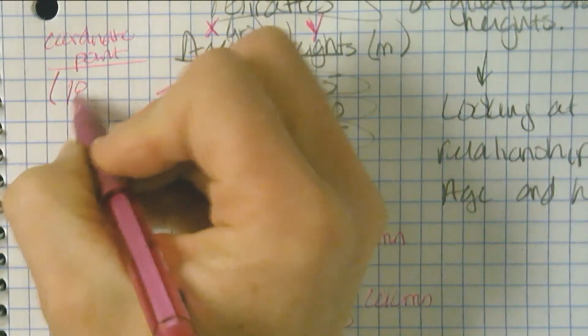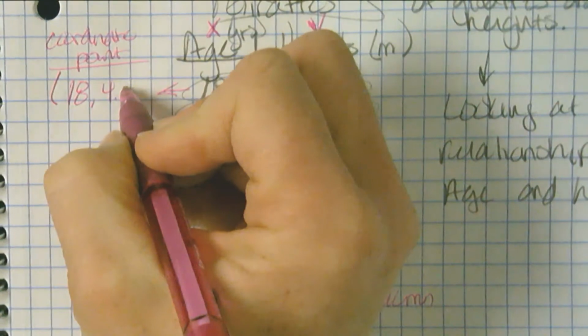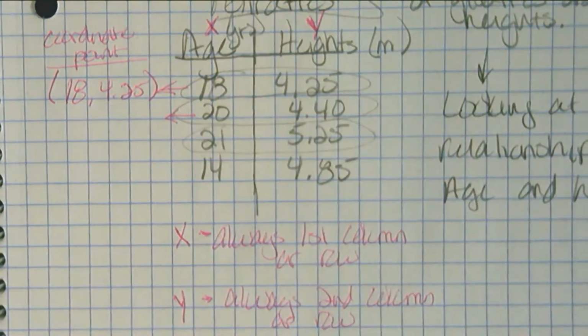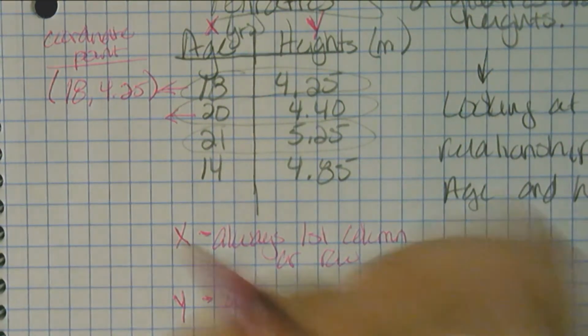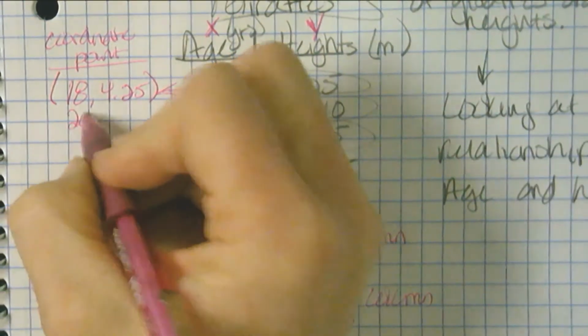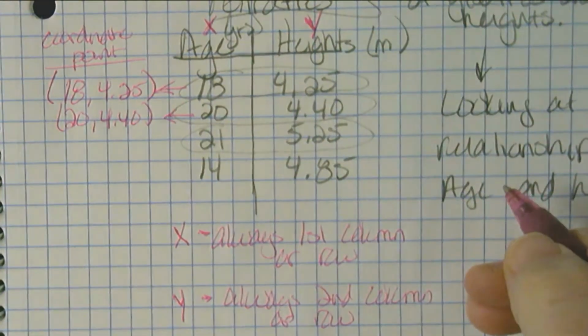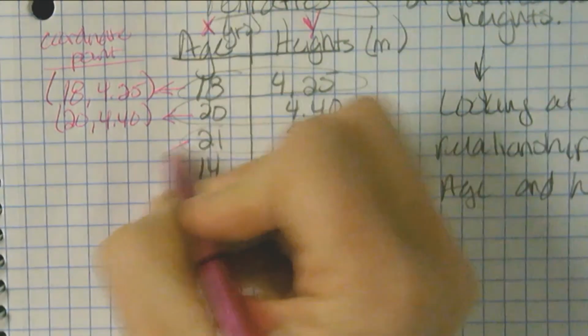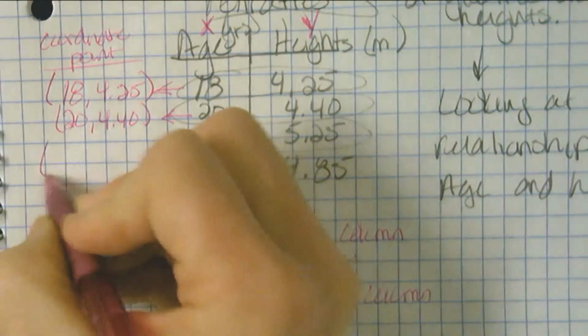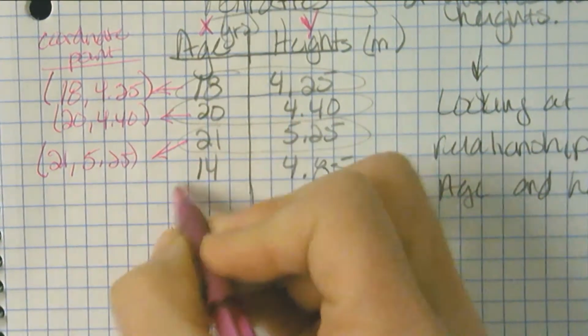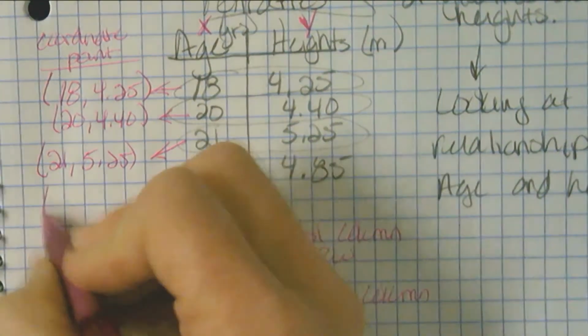Matthew? Excellent. 18, 4.25. Somebody write the second one. Victoria? Yep. Remember, they go in parentheses. 20, 4.40. Jacob, do the third one. Excellent. And then Colin, do the last one for me.